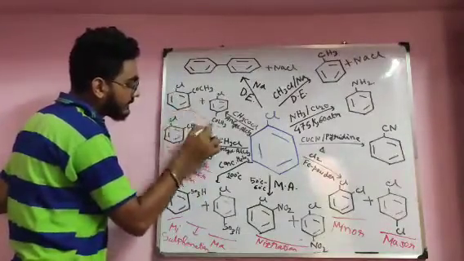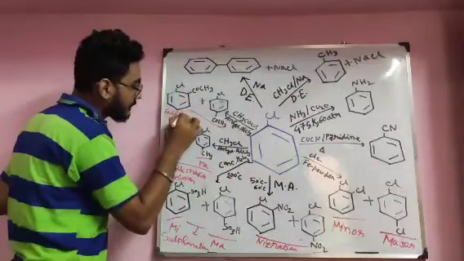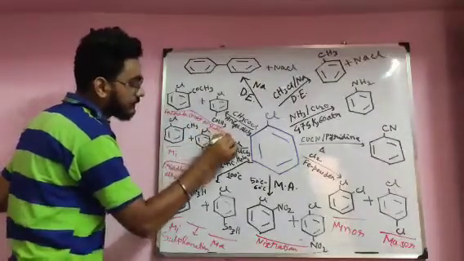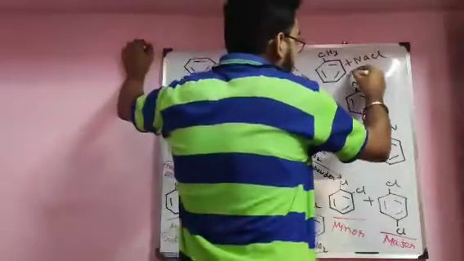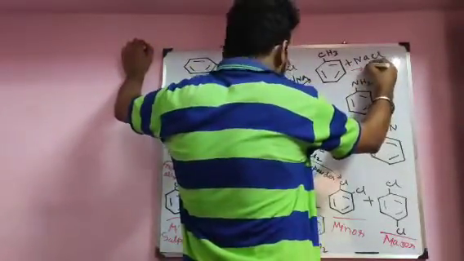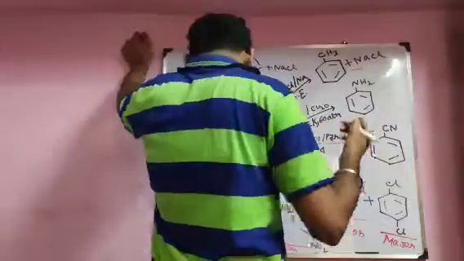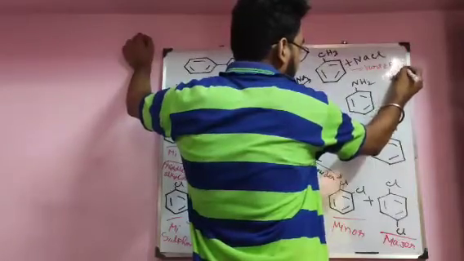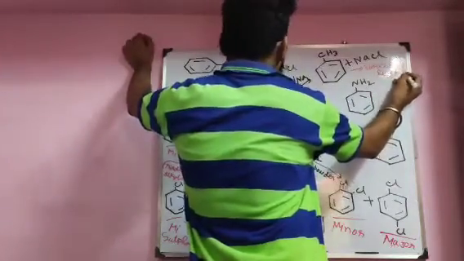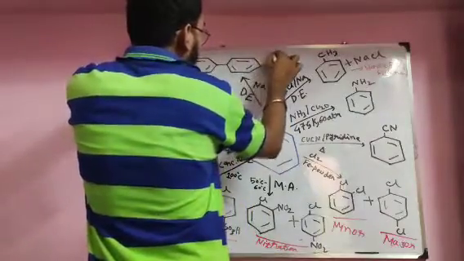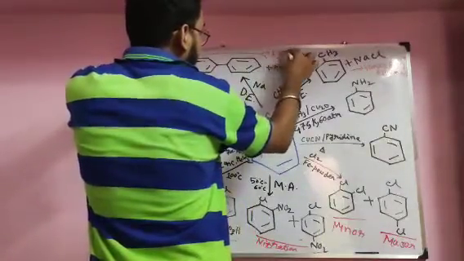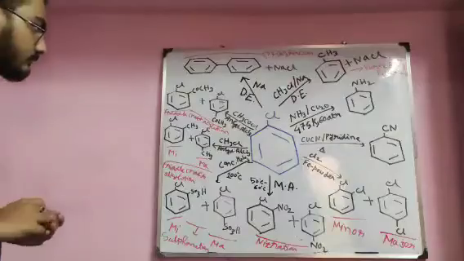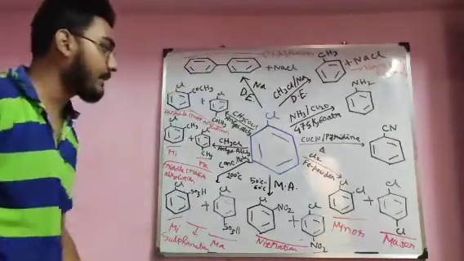This is known as Friedel-Crafts acylation. This is known as Wurtz-Fittig reaction. This is known as Fittig reaction. Okay. Next is reaction with magnesium metal.